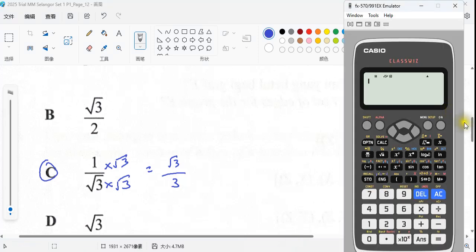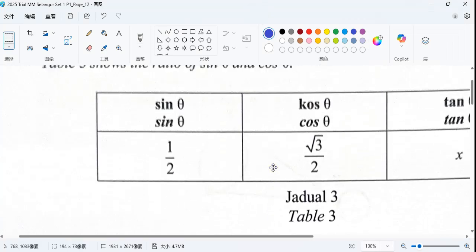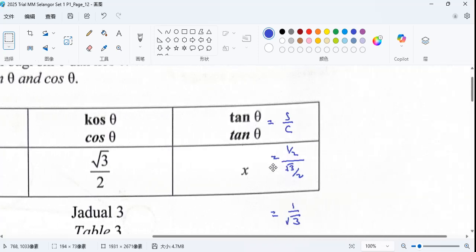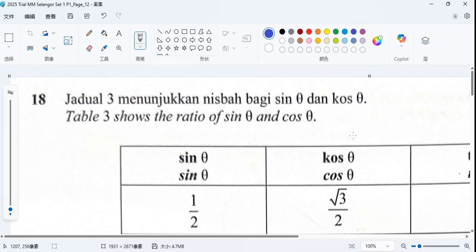Okay, because if we use the calculator here, we have half divided by square root 3 over 2, and the calculator will give us square root 3 over 3. Yes, so we multiply by 2 and multiply by 2, so this cancels. Okay, so this one is from Form 3, Chapter 5, Trigonometry.